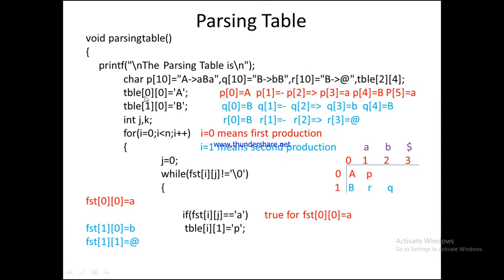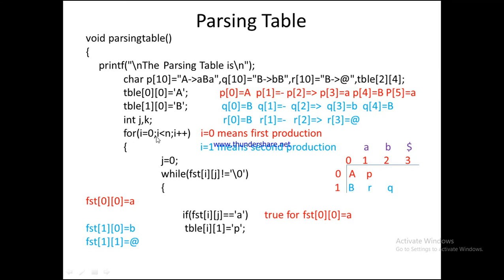Now I am making table of 0 0 equal to A. That means in the 0 0 entry I am entering the capital letter A, and in 1 0 I am entering the capital letter B. Now I am considering i is 0.